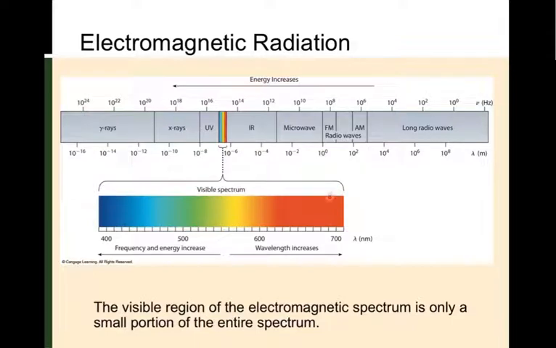So red light, for example, has a long wavelength, around 700 nanometers, and has a lower energy than blue light, which has a high frequency and is higher in energy. So the visible region of the electromagnetic spectrum is only a small portion of the entire spectrum.